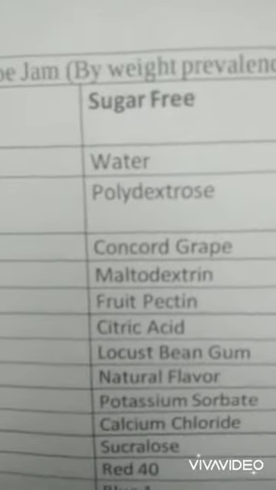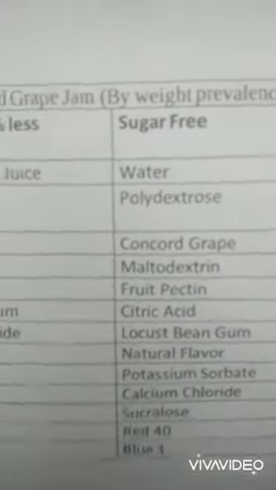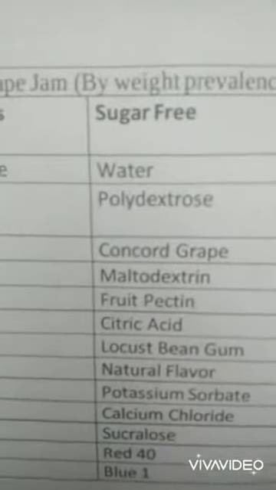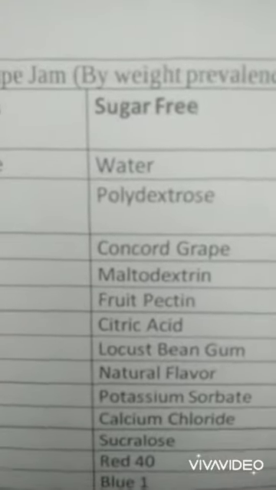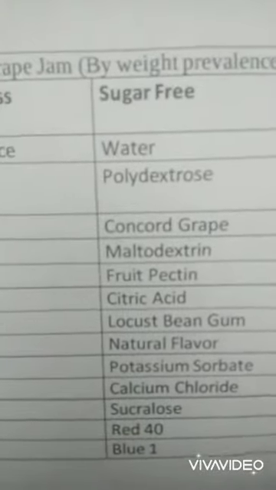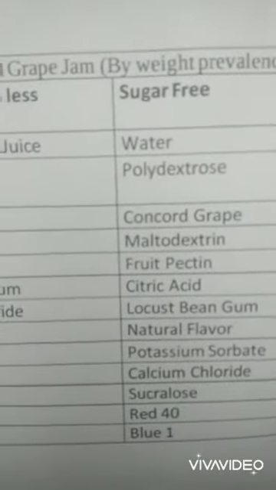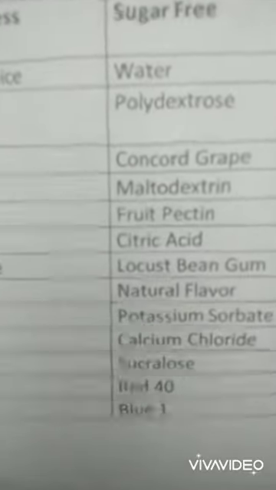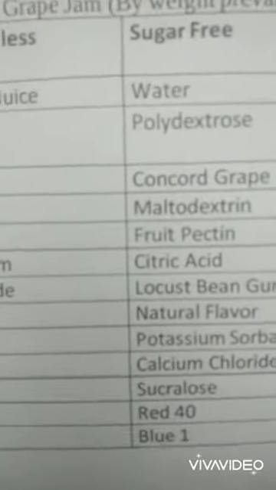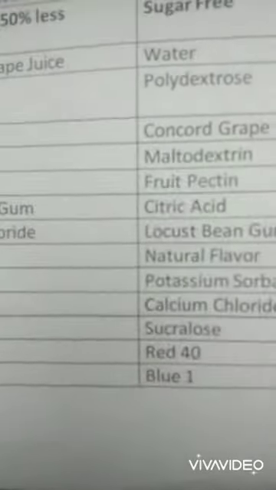It has maltodextrin, fruit pectin, again the gelling agent, citric acid, locust bean gum, natural flavors, potassium sorbate, calcium chloride again, and sucralose, and then the 2 colors that they use for the sugar-free one, because like I said, the amount of fruit is minimum: red 40 and blue number 1.